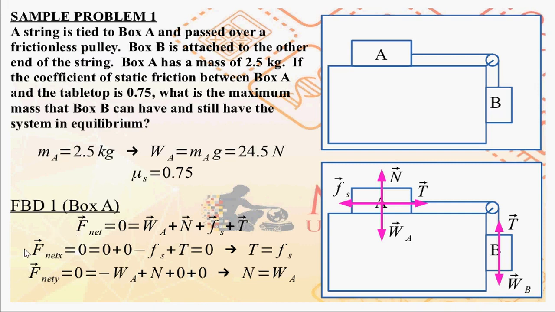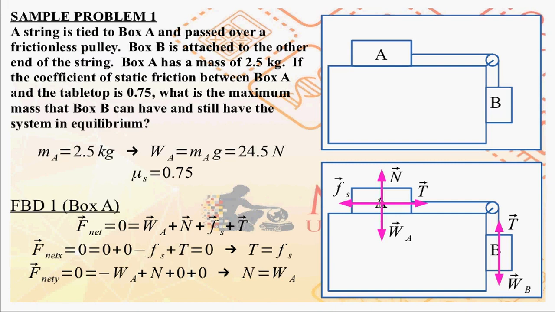X component of Fnet is Fnet x. X component of 0 is still 0. Weight is vertical, no x component. Normal force is also vertical, so no x component. Friction, Fs, is horizontal, negative direction, so all of it is in the x component and heading negative direction, so negative Fs.